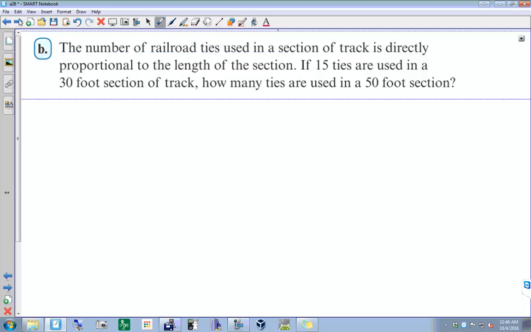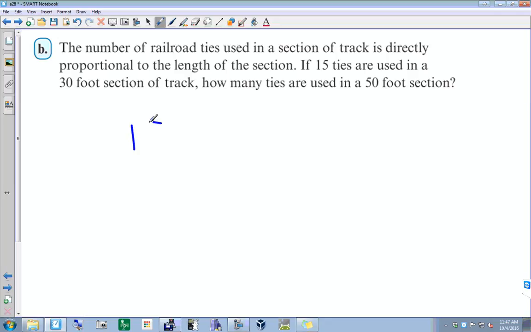Number of railroad ties used in a section of track is directly proportional to the length of the track. Well, the longer the track is, the more railroad ties you need, right? If 15 ties are used in a 30-foot section, how many ties are used in a 50-foot section? Okay, set it up the same way.